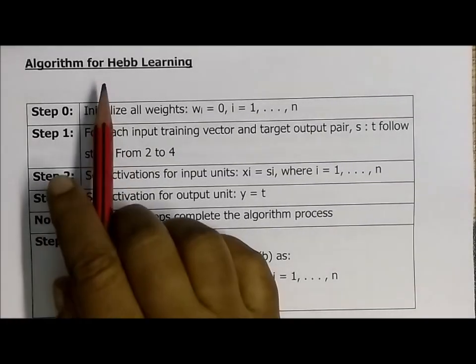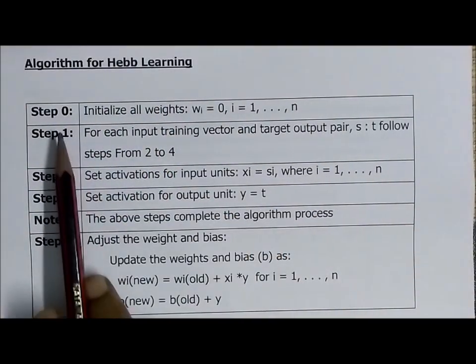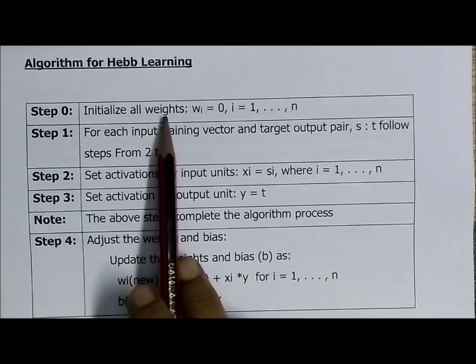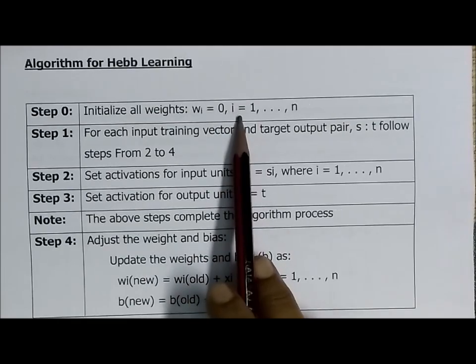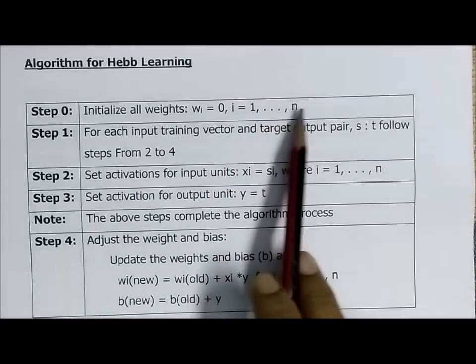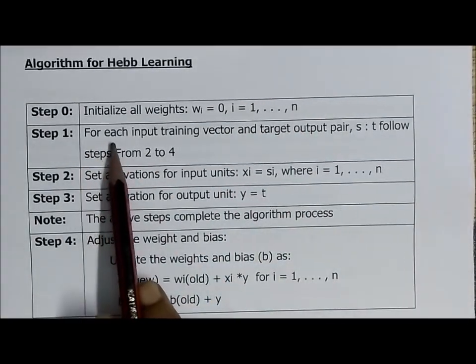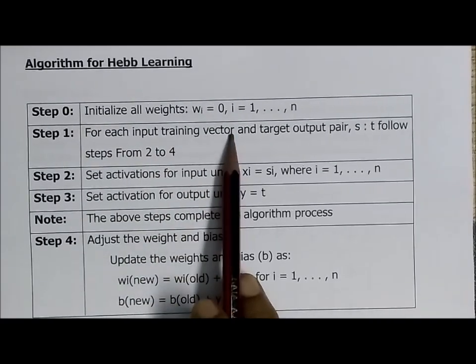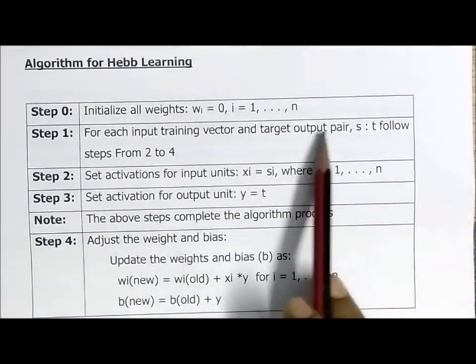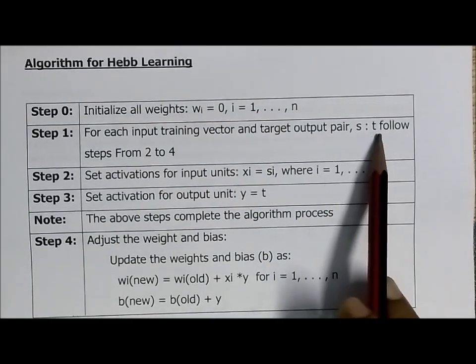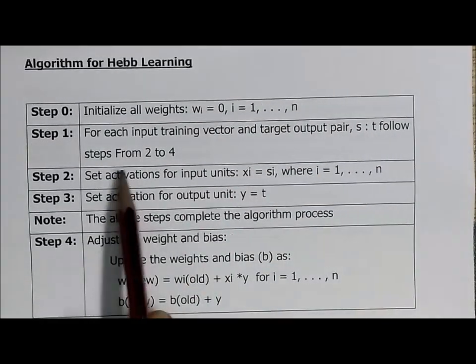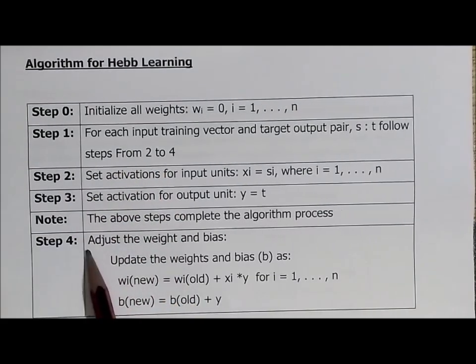Let us see the algorithm for Hebb learning. Step 0: Initialize all the weights Wi = 0, where i = 1 to n. Step 1: For each input training vector and target output pair, the input vector is specified as S and the target as T. It follows steps 2 to 4.